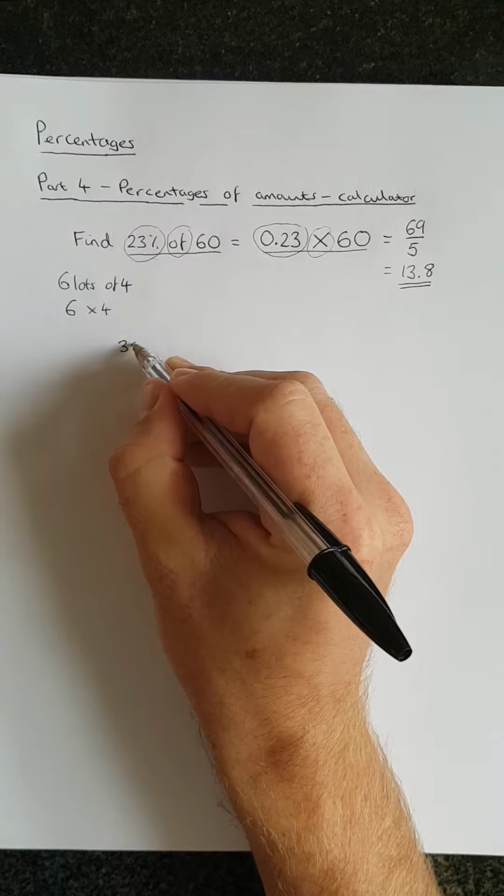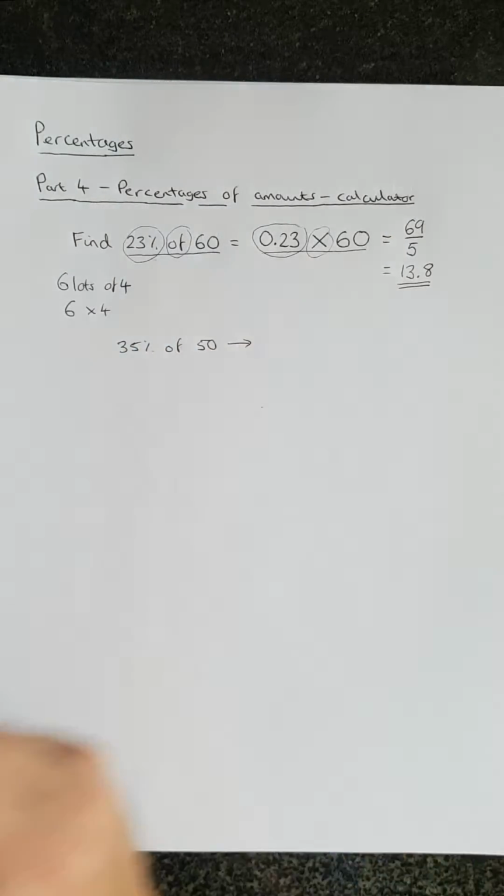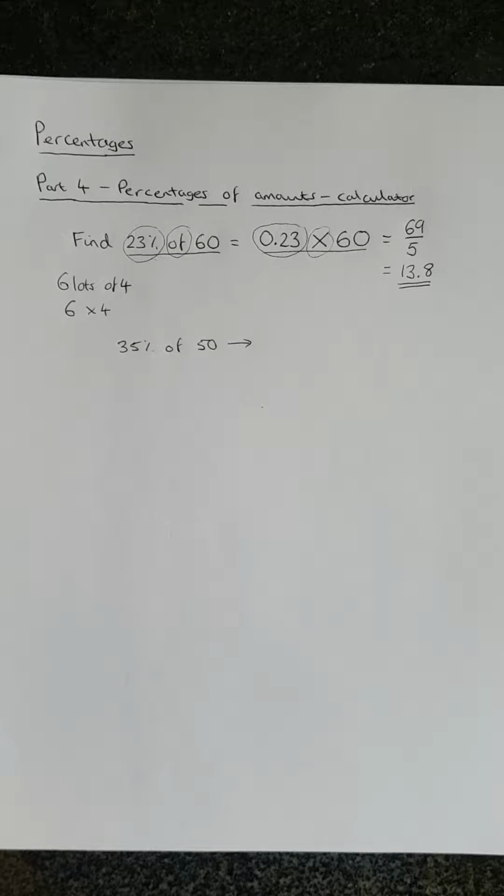So, 35% of 50. What will that be on the calculator?